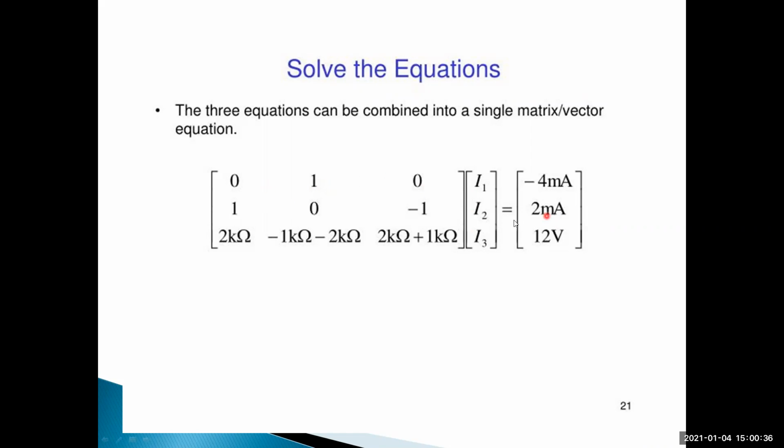Minus 4 milliamps means the current is 4 milliamps in the opposite direction. Here I1 minus I3 is equal to 2 milliamps, and I2 is equal to minus 4 milliamps.